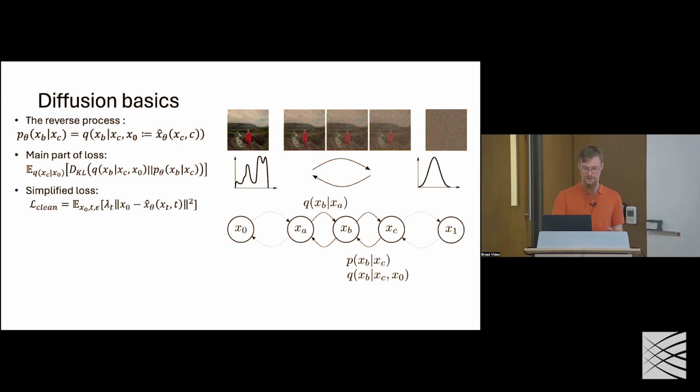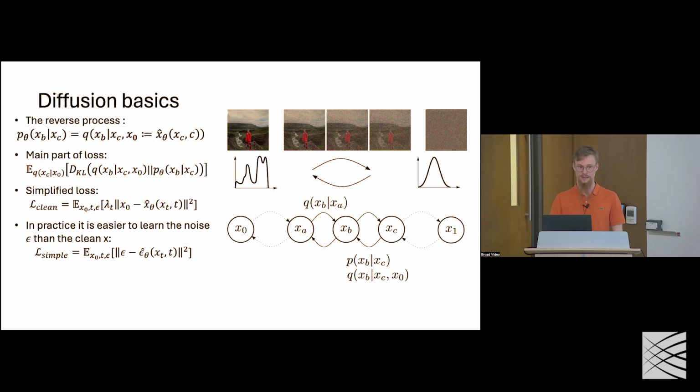So we can further simplify this loss to just a squared error. In practice, it is easier to learn just the noise, not the clean data point. This is mathematically equivalent, but in practice a lot better.